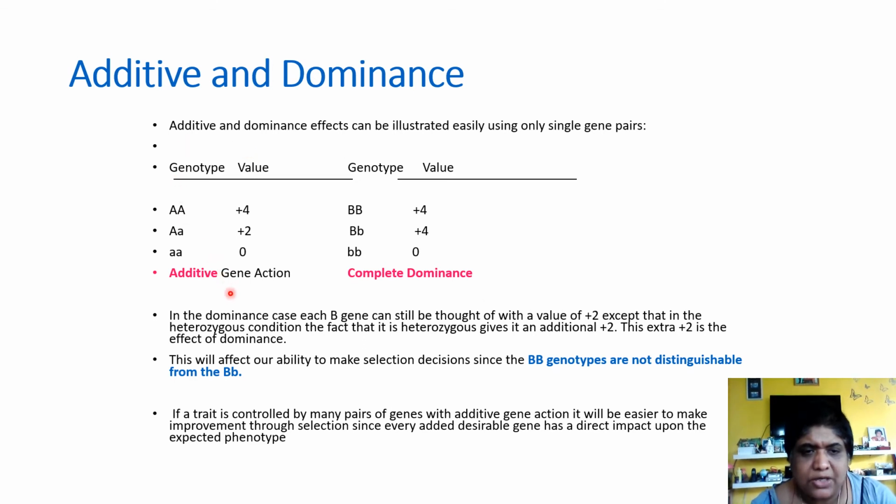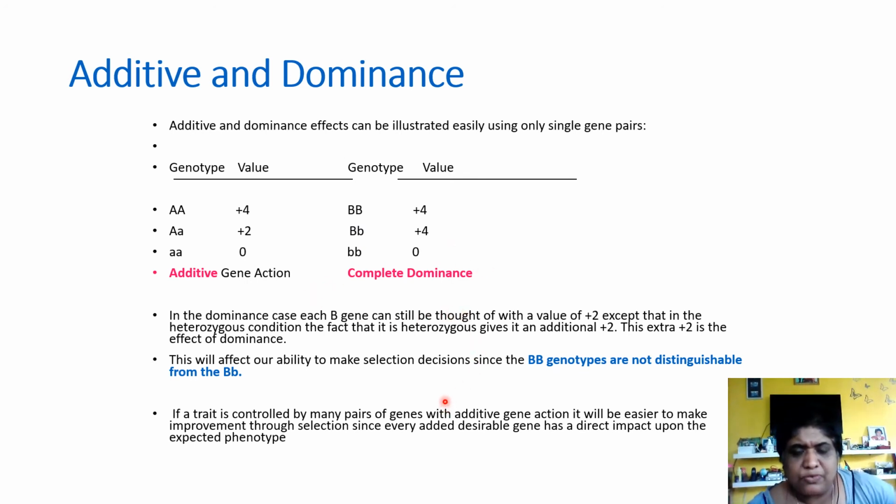So if the individual has a genotype of big A, it has a positive 4 value, but when it is heterozygote, we see a positive 2. This is actually an additive gene action of A. Whereas in this case, if you see a big B is positive 4, but when it is a heterozygote, also it's positive 4. This is called complete dominance.